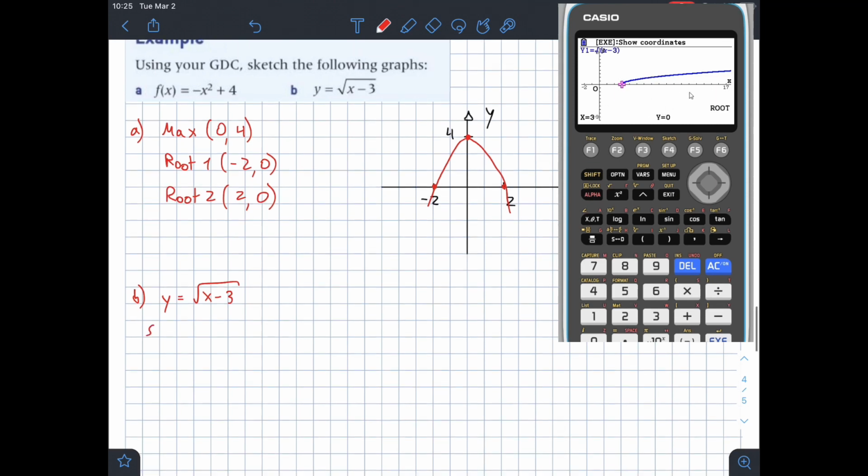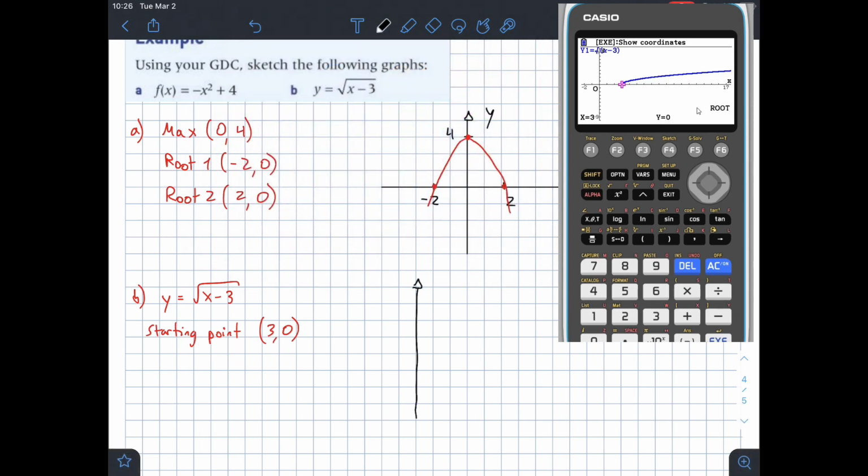So we can say that the starting point would be the point 3, 0. That would be our x-intercept, right? And then we don't have any y-intercept. The graph never crosses the y-axis, so that's the only relevant feature we can take out of this sketch over here, right?